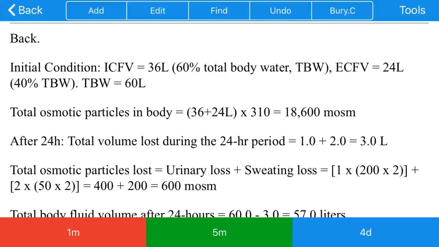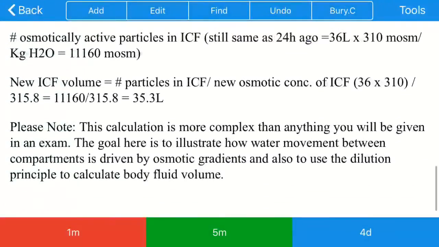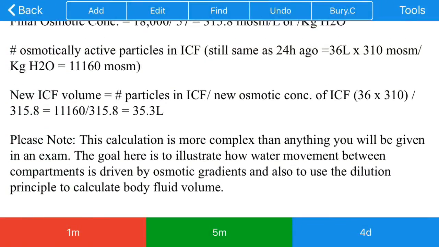So that new concentration is going to be the new osmolarity of the body, the intracellular fraction. And the volume of the intracellular fraction is going to be reduced proportionally to the change.